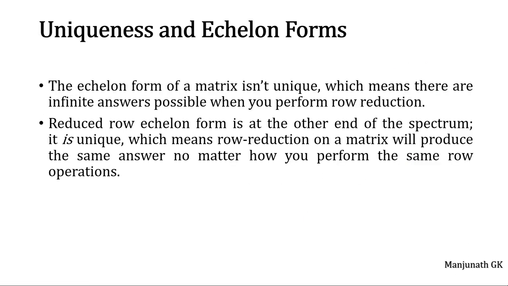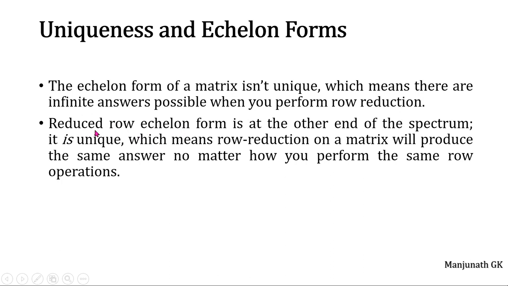So what is the uniqueness of an echelon form? The echelon form of a matrix is not unique, which means there are infinite answers possible when you perform the row reduction. But what is a reduced row echelon form? It is different from the echelon form. We can have multiple answers for echelon form, but a unique answer for reduced row echelon form.